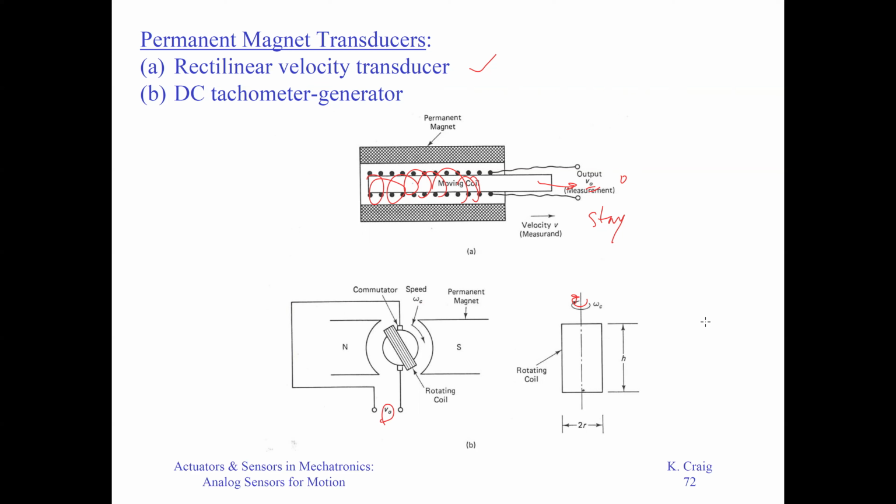Most permanent magnet tachometer generators use the fundamental block diagram like this, rectilinear versus rotational. In other words, your V0 will be proportional to your omega C, and here your output voltage is proportional to your velocity V.